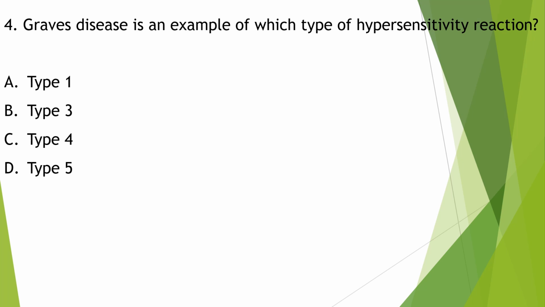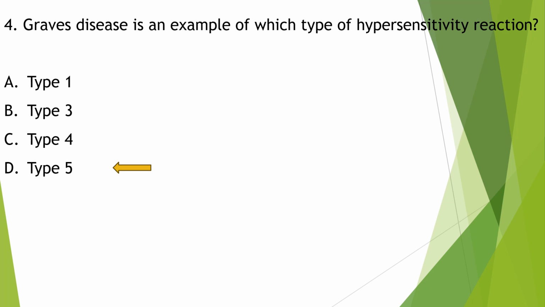So you need to know each particular disease and its particular hypersensitivity. Graves' disease is an autoimmune disorder that is a result of type 5 hypersensitivity reaction. So Graves' disease, type 5. Then there is systemic lupus erythematosus or SLE. That is because of type 3 hypersensitivity reaction.